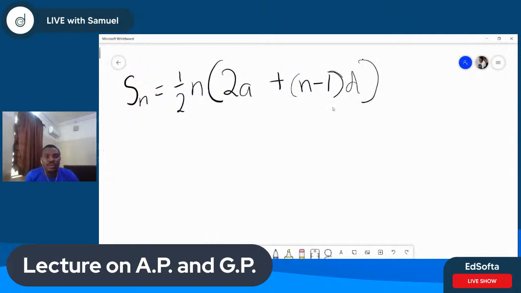There's no need for us to go into the calculation of how this equation was found, but this is an equation to find the sum of n terms.